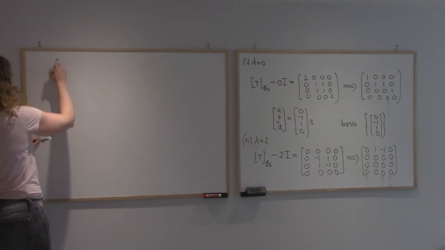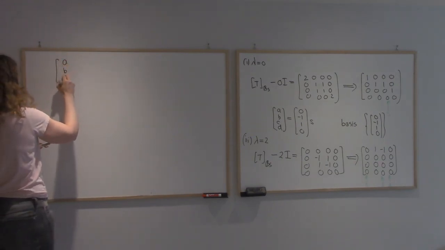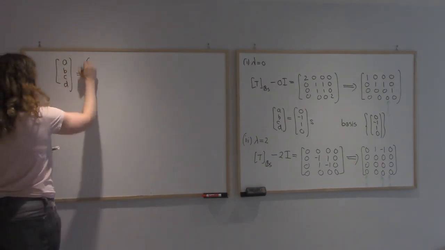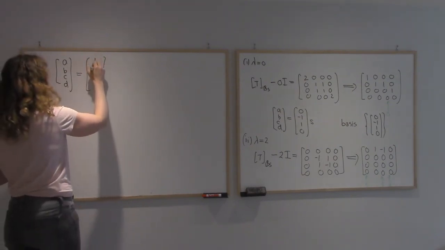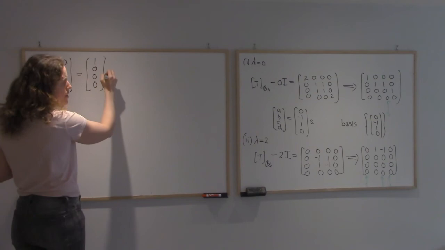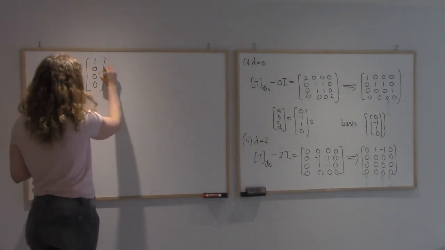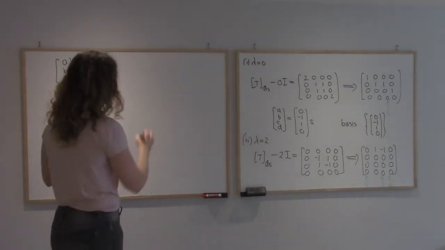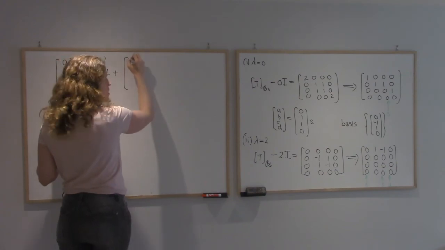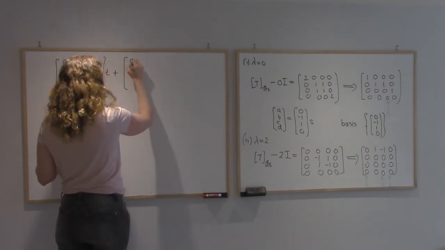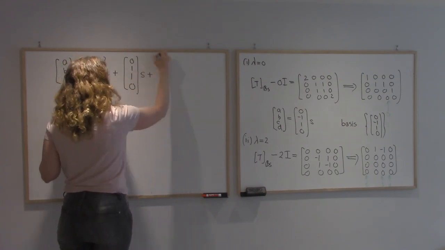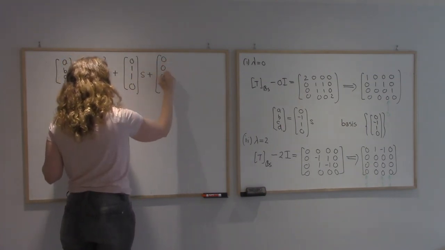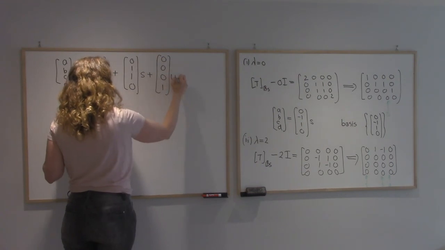And so in this case, A, B, C, D will be 1, 0, 0, 0 times t plus 0, 1, 1, 0 times s plus 0, 0, 0, 1 times u.